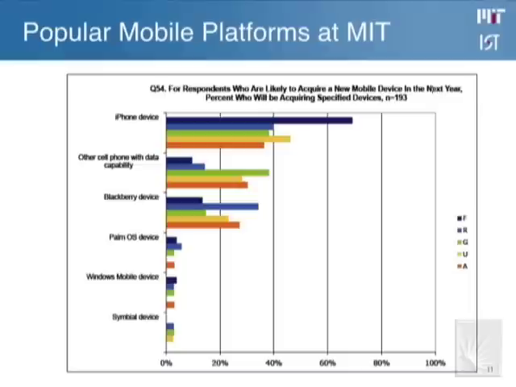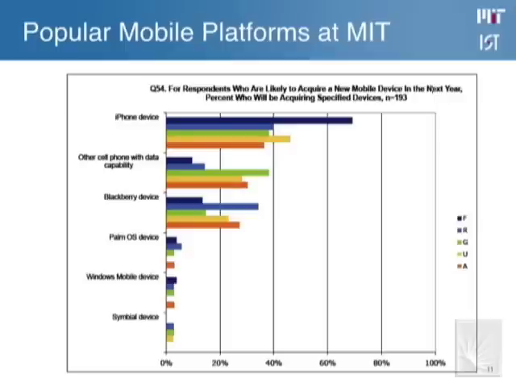And so this is a survey that was done back in October, November of 2008. That survey went out to faculty, researchers, graduate students, undergraduates, and administrative folks. The question was, what are you likely to acquire as your next mobile device in the next year?